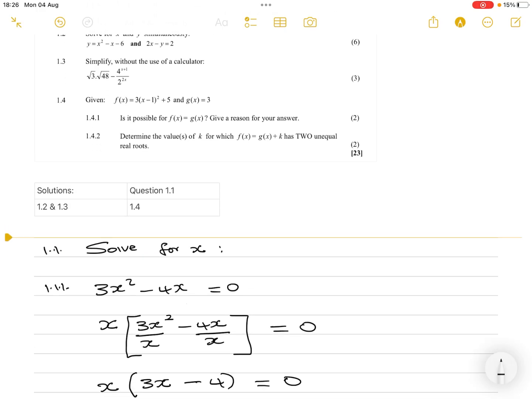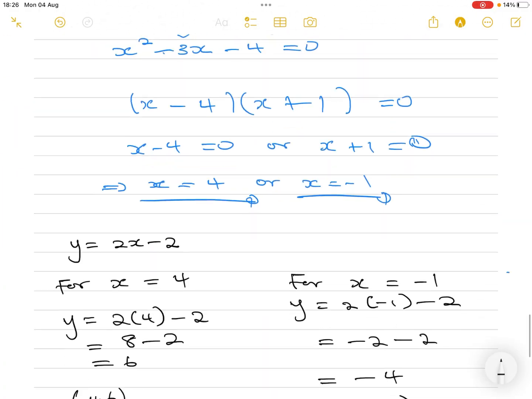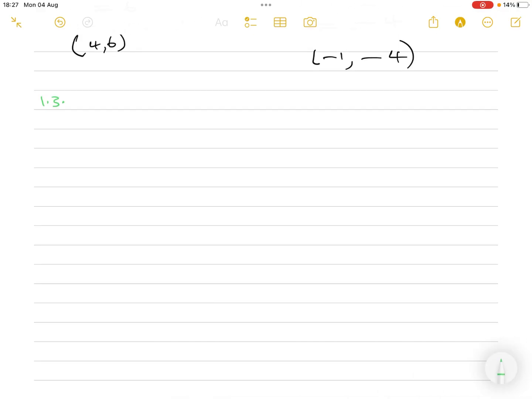Now we're going to move to 1.3, where we are required to simplify without the use of what? A calculator. 3 marks question. Okay, 1.3, simplify without the use of a calculator.